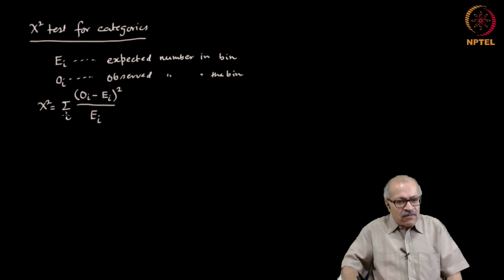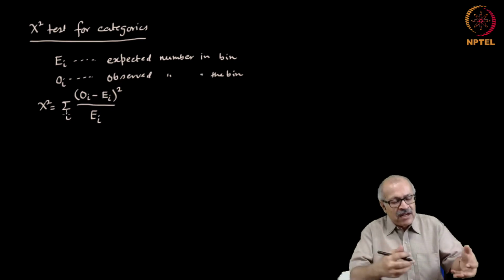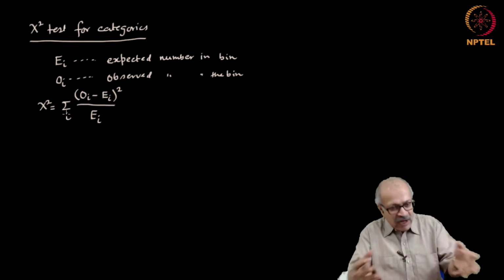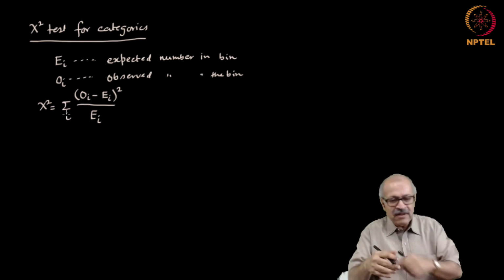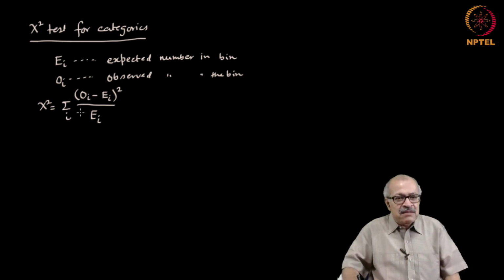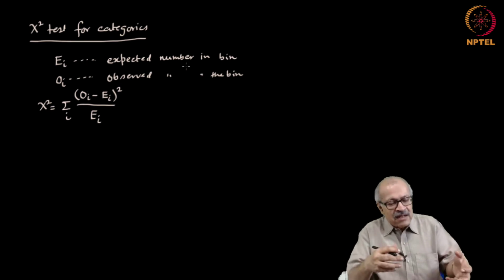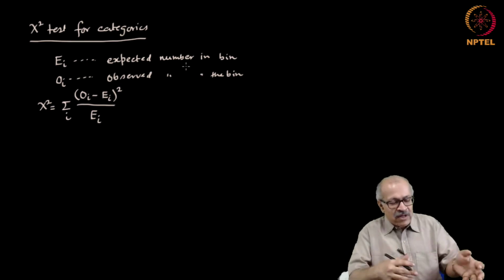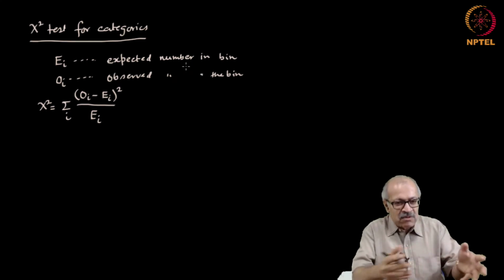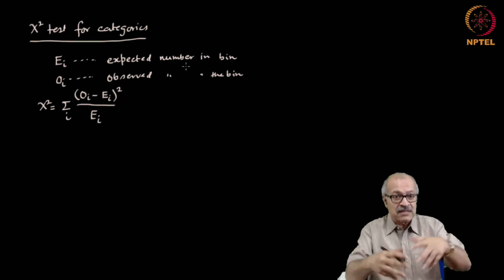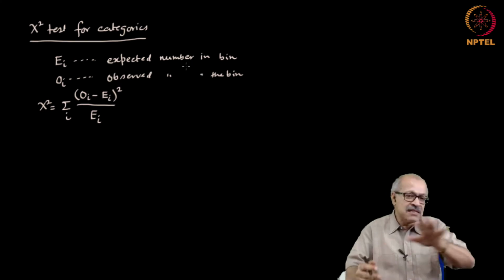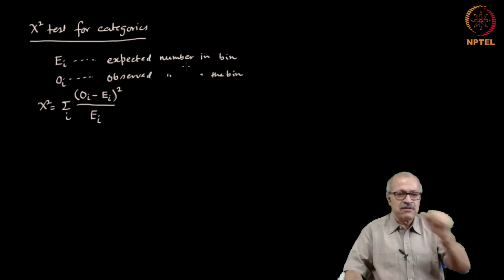If there are two of them, we will have to tally it with a combination of two random variables, that means y1 square plus y2 square, its character. If there are three such bins, three such categories, then we have to tally it with y1 square plus y2 square plus y3 square, how does that behave? And these things are available in the chi-square tables.